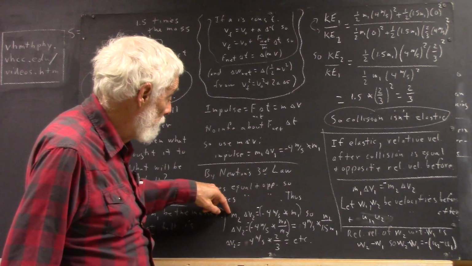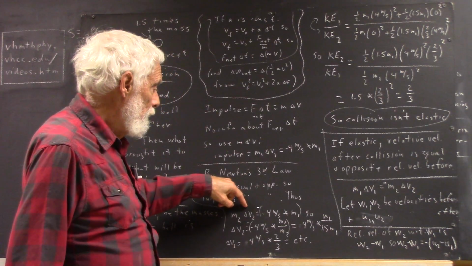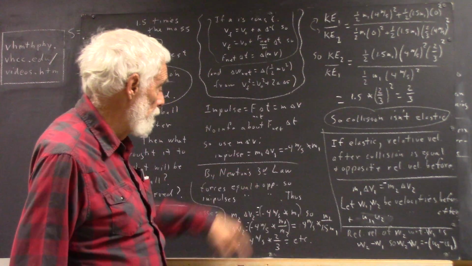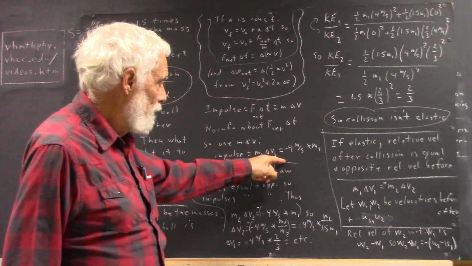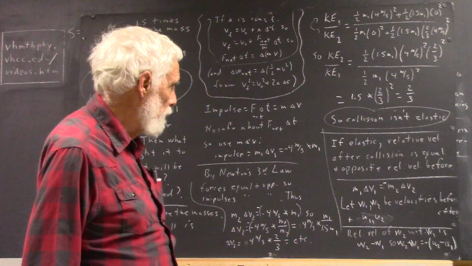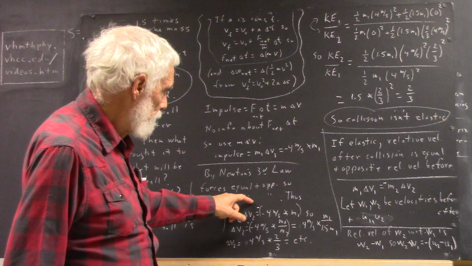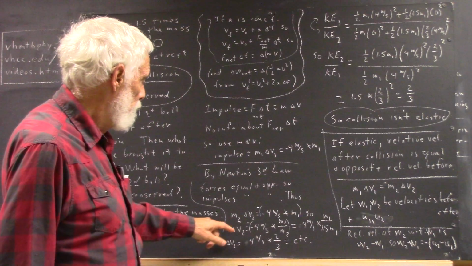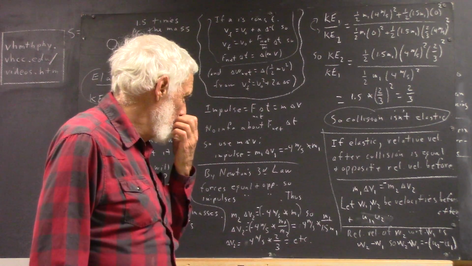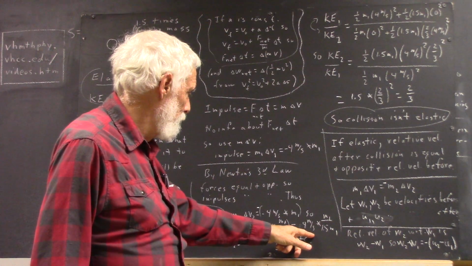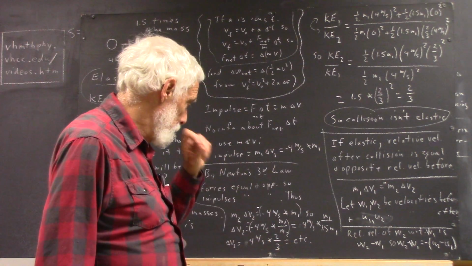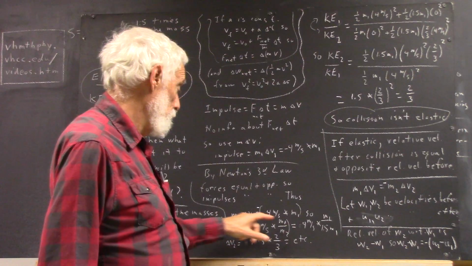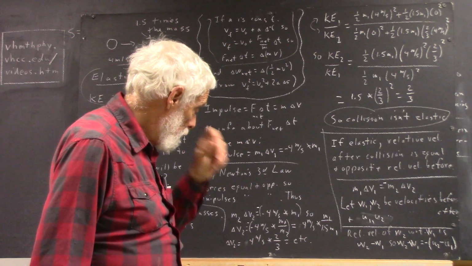So our change in momentum, m2 delta v2, is equal to the negative of the change in momentum of the first, or negative the impulse of the first. And that impulse was negative 4 meters per second times m1. So it's the negative of that negative. And then we very easily determine delta v2 to be 4 meters per second times m1 divided by m2, just rearrange the equation.